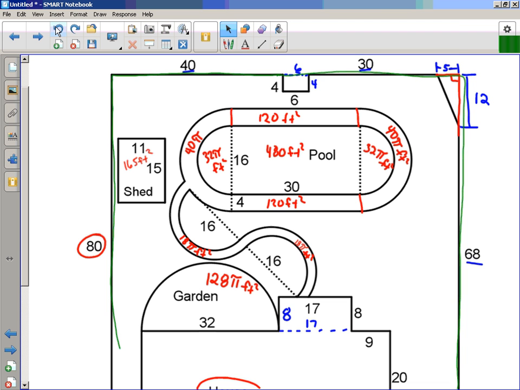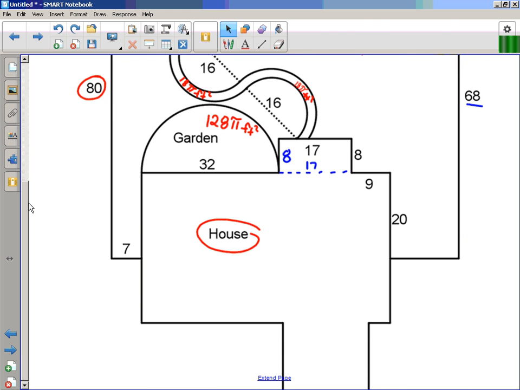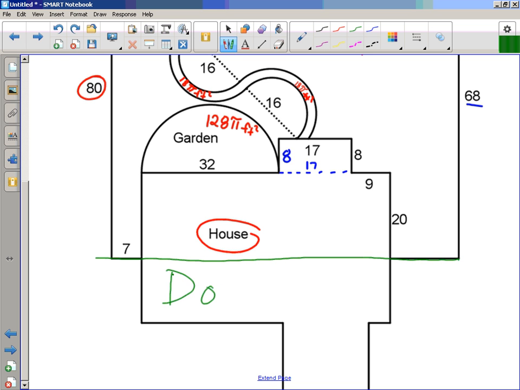Okay, undo that. And as I zoom down, look, the rectangle would continue on right there. So I don't really care how much house is down there. So I really just need to stop here at this green line.